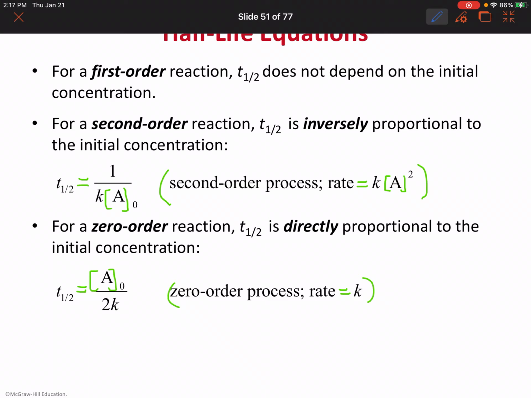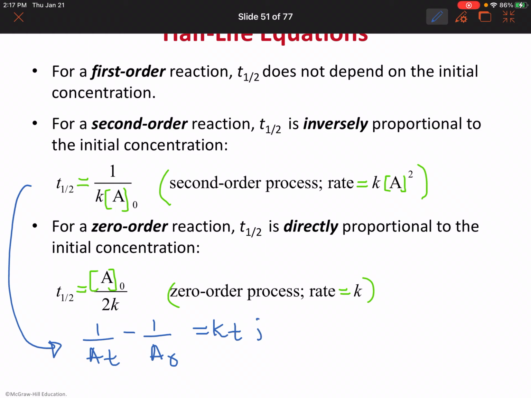The second order integrated rate law is 1 over A t minus 1 over A naught equals kt. You can go back to the slide and see this for yourself. Now we are going to rearrange this for a half-life.